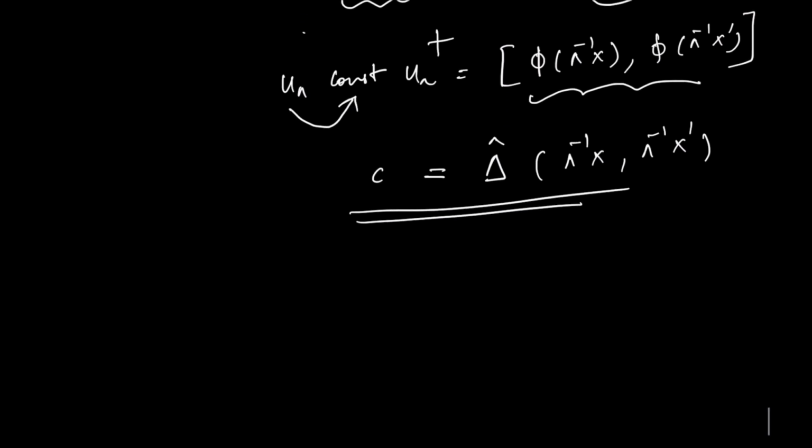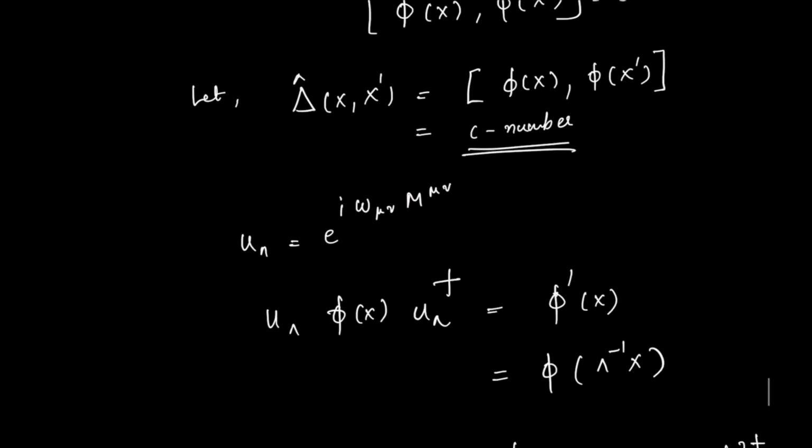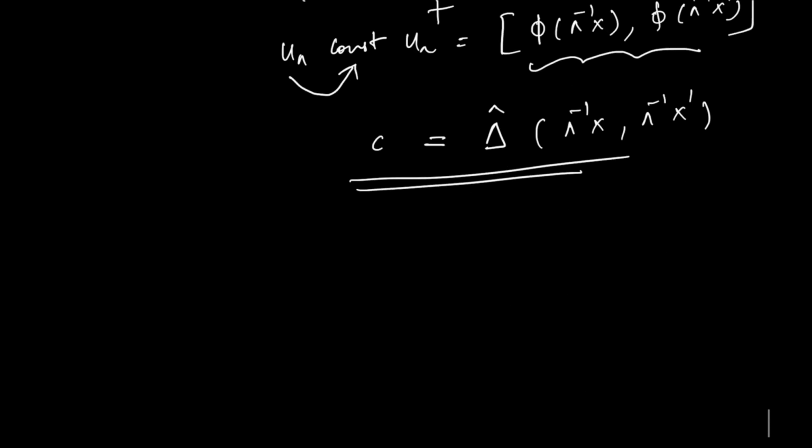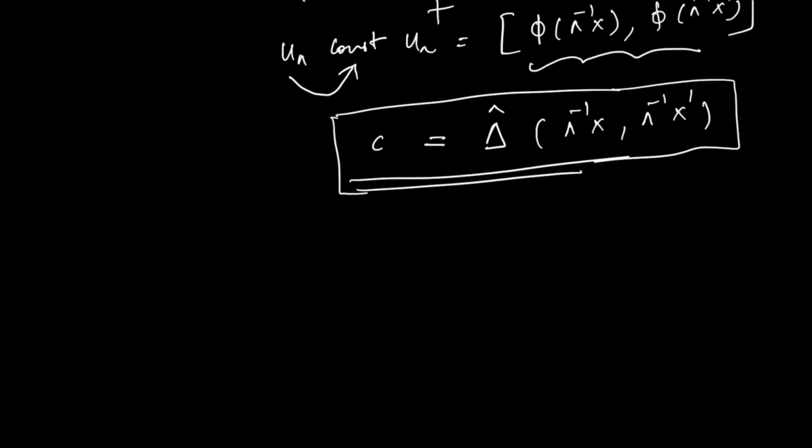It's just the constant. You get the same constant after the transformation also. Even after the transformation, there is nothing that is changing. So when we make a Lorentz transformation on the deviation delta, actually nothing changes and the value is the same.